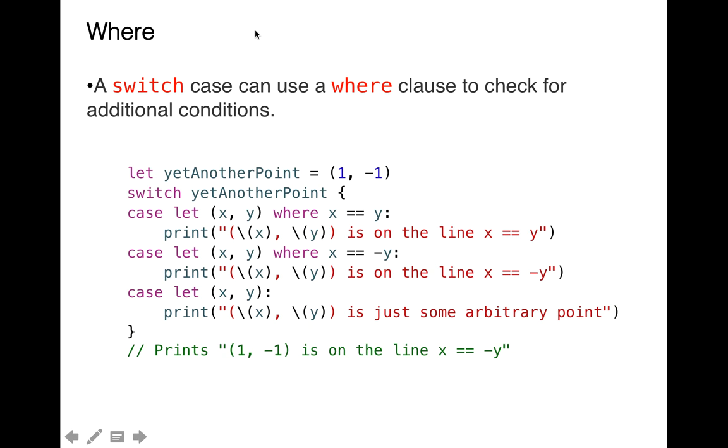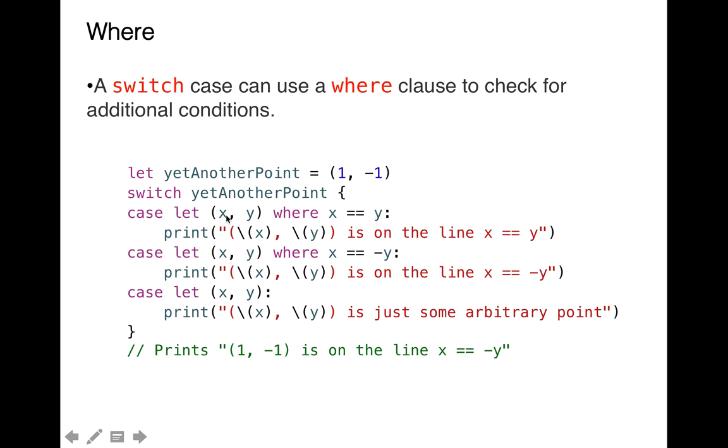For switch, we can also use the where clause to check for additional conditions. That's also different from C. So for example here, we have yet another point equal to (1, -1). We use the switch here. Case let x, y.